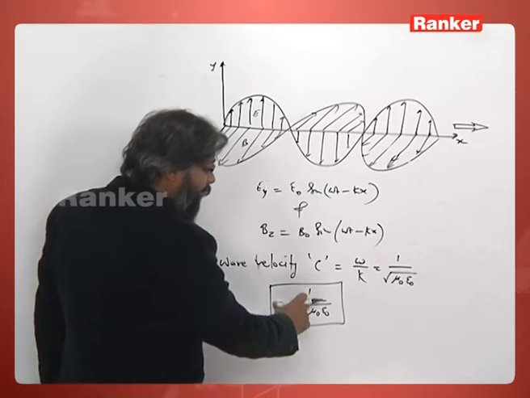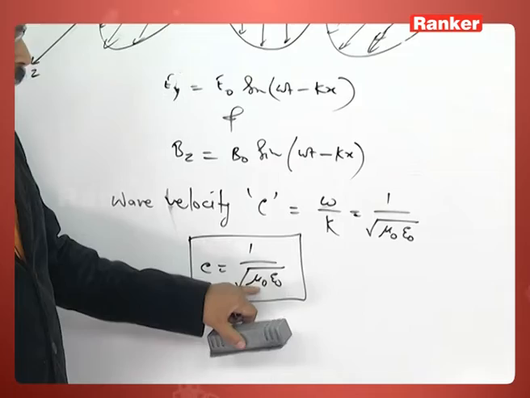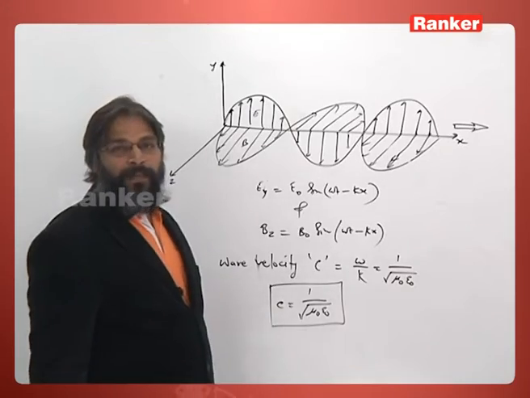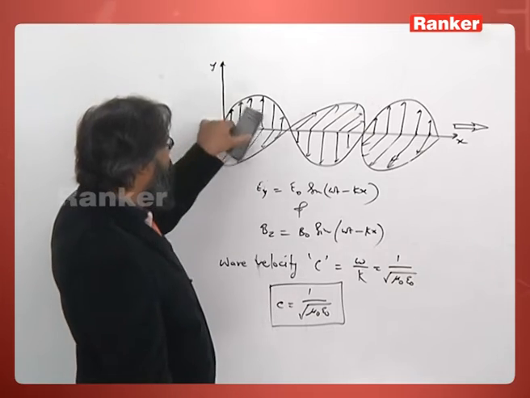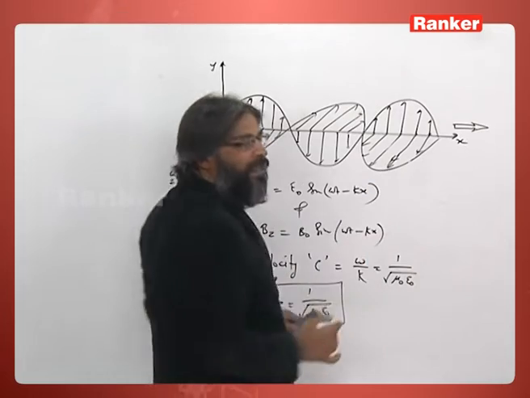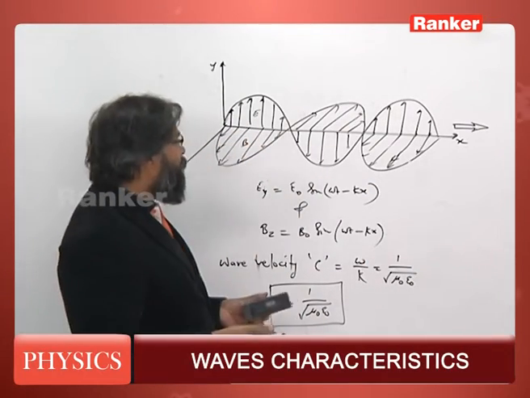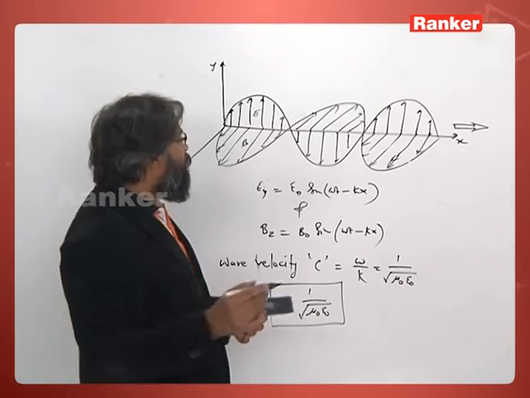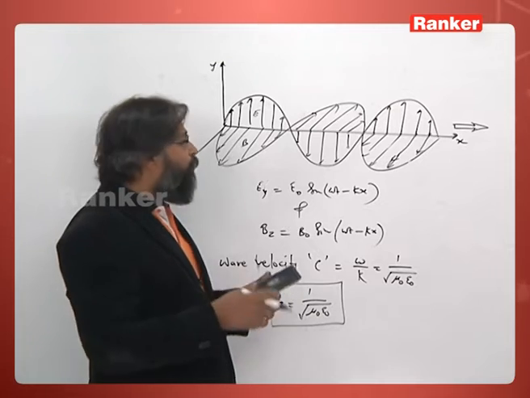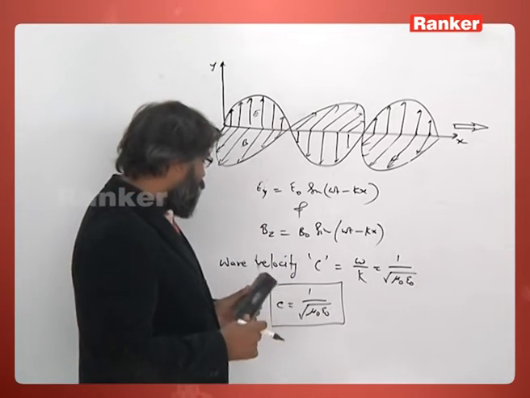In free space, the velocity of this wave is 1 by root over mu naught epsilon naught, where mu naught is the permeability of free space and epsilon naught is the permittivity of free space, and they are mutually perpendicular. You see, the wave I have shown here is a sinusoidal wave, E is sine and B is also sine. It may not be sine; it may be some other function or exponential function depending on the motion of the charge which has created this type of electromagnetic field.